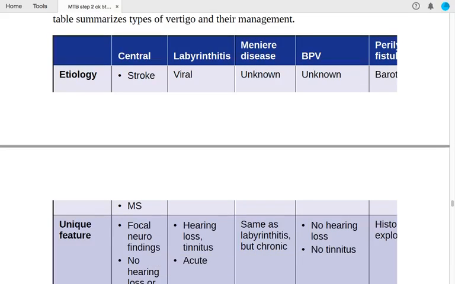What's the etiology of labyrinthitis? And what's the etiology of Meniere's disease, right? If it's central, mostly because of stroke. In case of labyrinthitis, viral is the one which is responsible. Meniere's disease, we don't know. BPV, we don't know. And perilymph fistula, maybe because of barotrauma, right? Central also because of MS, right? Multiple sclerosis can also lead to hearing loss.